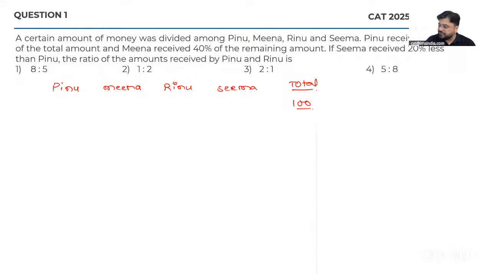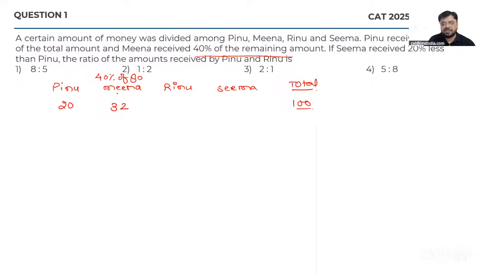Then Pinu received 20% of the total amount, which is 20. But Meena received 40% of the remaining. What is 40% of the remaining? When Pinu received 20 out of 100, the remaining amount was 80, and Meena received 40% of 80, which is 32.